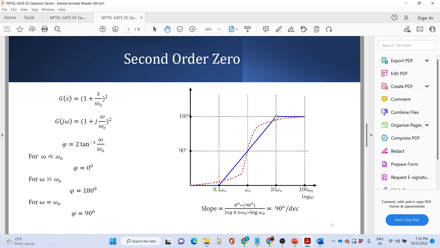This is the basic logic of the asymptotic Bode phase plot. The error is maximum at omega 0 by 10 and 10 times omega 0, but the error becomes minimum at the corner frequency omega 0.